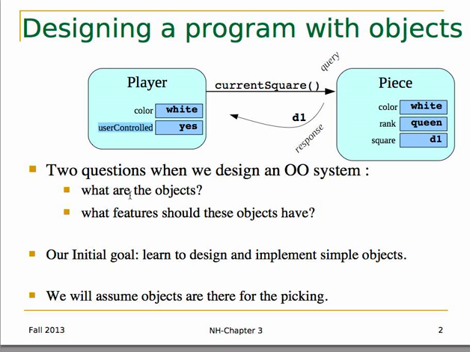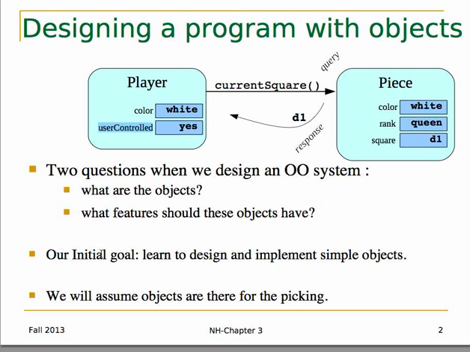We have questions like that whenever we design an object-oriented program: what features should these objects have? At first you might not think of user-controlled versus computer-controlled, but pretty soon you do some playing, you set up an automatic program that plays an actual user, and you might want to insert this data member, user control, true or false.